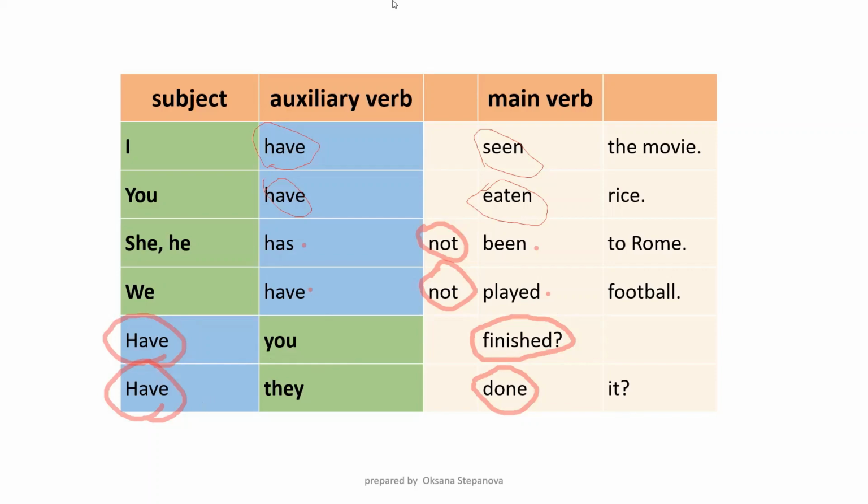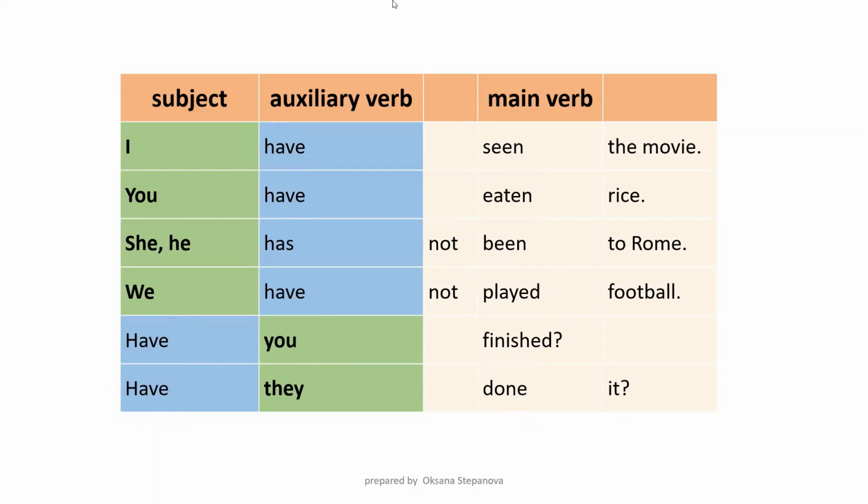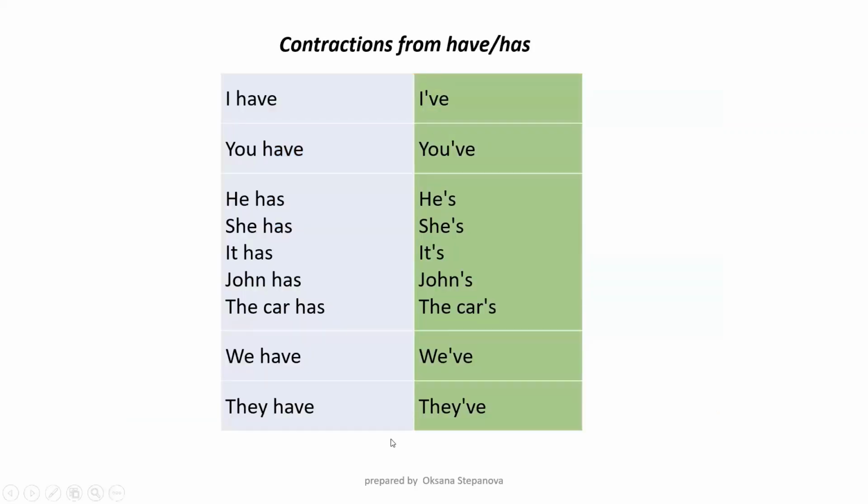Let's move on. Just bear with me for a second. Let's look at how we make short forms with I have, you have, he has. If you see this short form, put a highlighter. I have becomes I've. We still pronounce it, I've.